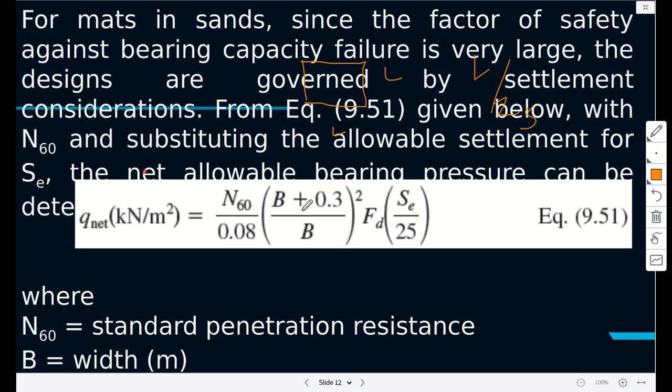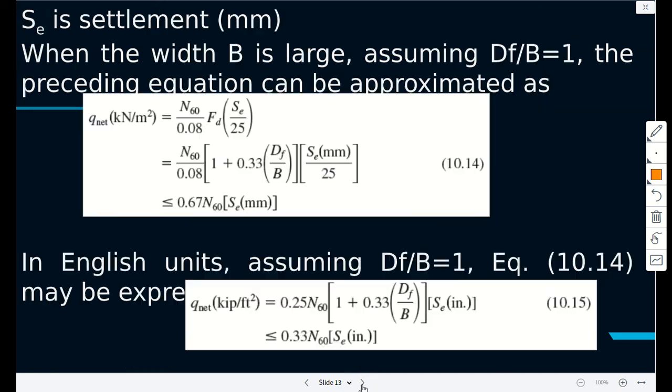to such values, where this is your settlement, and this is a factor. So this is the width. B is the width, and N60 we already know. SE is the settlement, and FD is some factor.